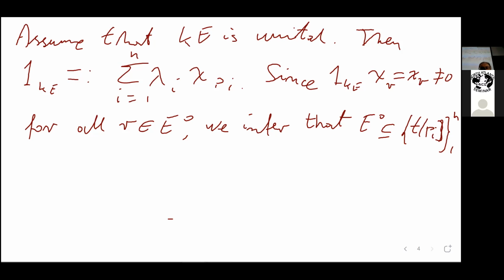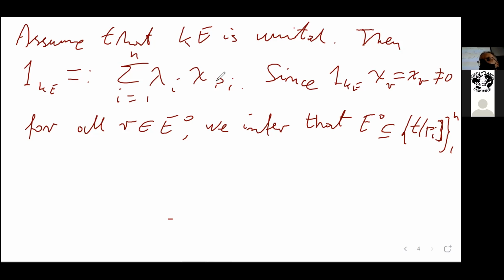Because the only way you can have that chi v times such a sum is equal to chi v is when there must exist a path pi which ends at v. If all paths pi do not end at v, then this multiplication would yield 0, and chi v is not 0. So for every v, there must exist a path pi, and there are just finitely many of them, n, such that the end of pi is equal to v.